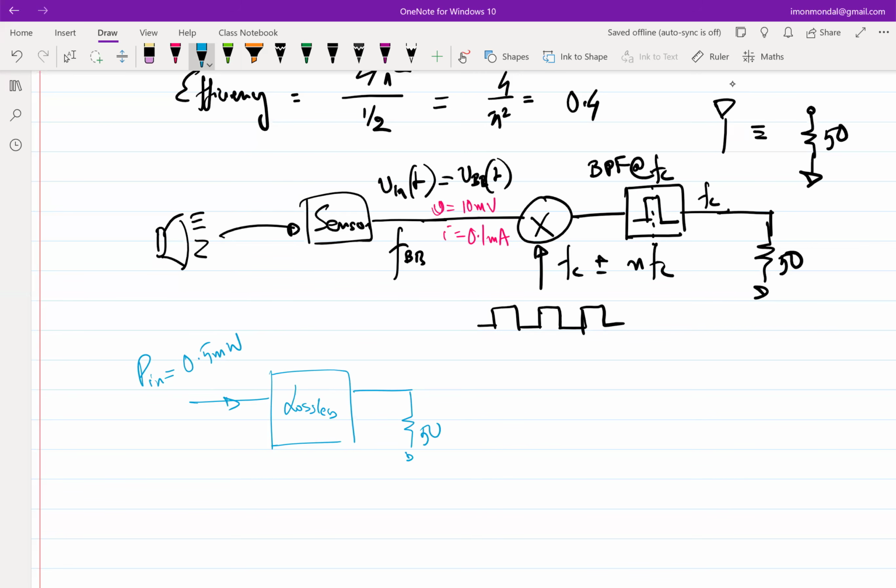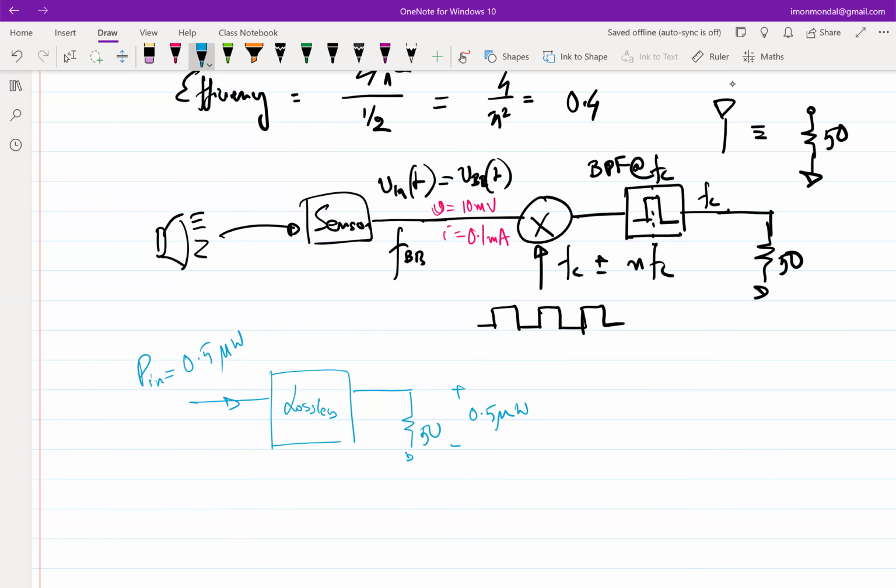Milli times milli is micro, so half a microwatt. So if the system it is going into is lossless, what is the maximum power that you are going to get at the output? 0.5 microwatt. The maximum power this is going to radiate out is 0.5 microwatt. With 0.5 microwatt, you cannot even hear from here to the first bench, so it's useless. So what can you do?